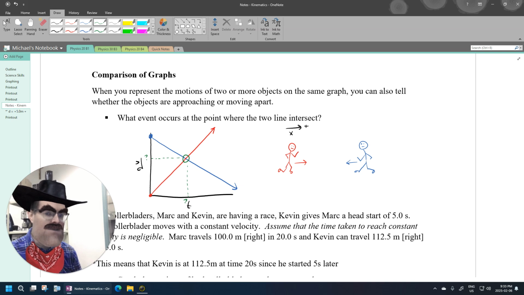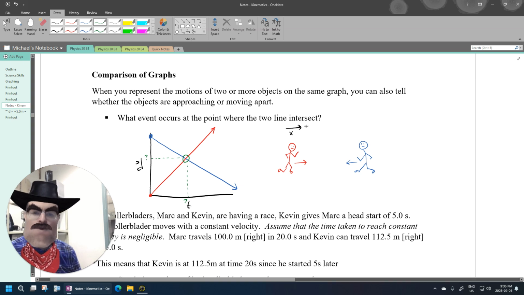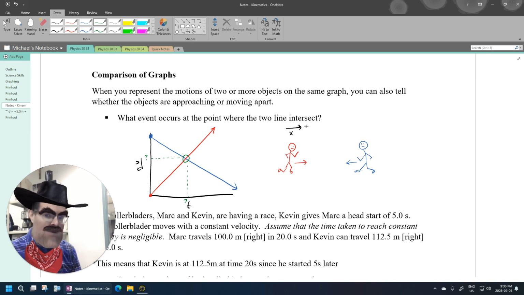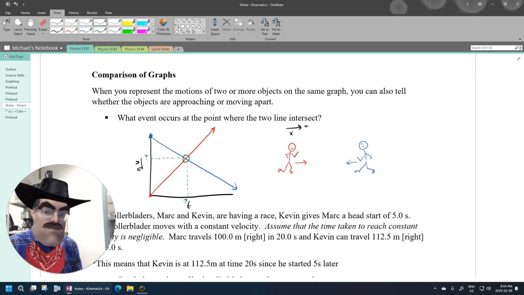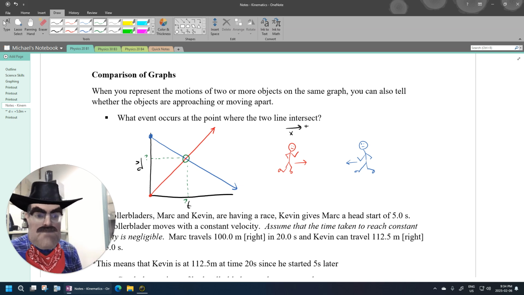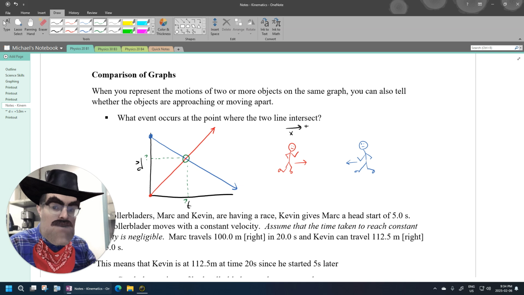So now we're going to have to pull out some knowledge from Math 10. Essentially, we're going to have to create two equations, a system of equations with the same variables, position and time, and figure out a way to plug one into the other, or eliminate some variables and solve for what's missing. So let's see how this works.